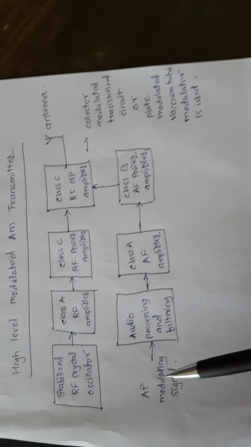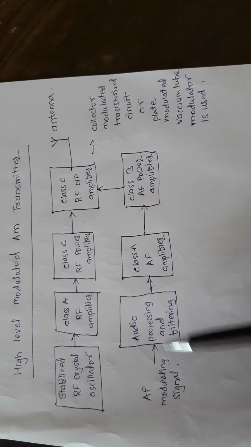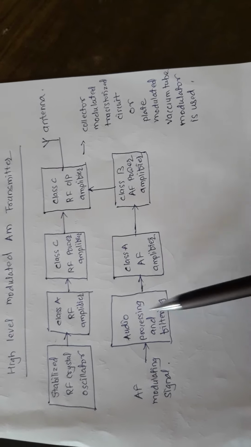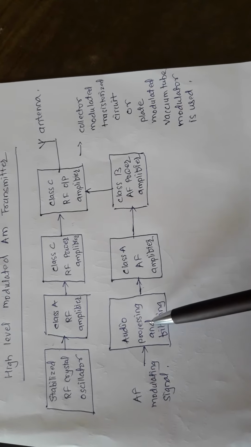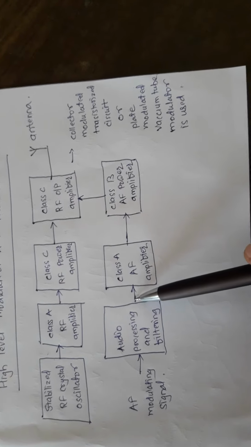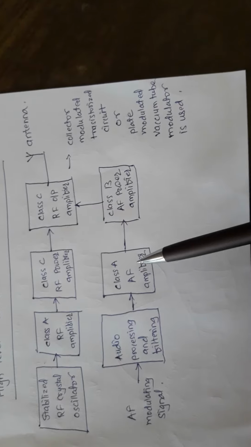Similarly, the signal which we want to modulate, the audio frequency modulating signal, is firstly given to the audio processing and filtering block. In this block, the necessary signal conditioning of the audio frequency signal is done, and the conditioned signal is given to the class A AF amplifier.